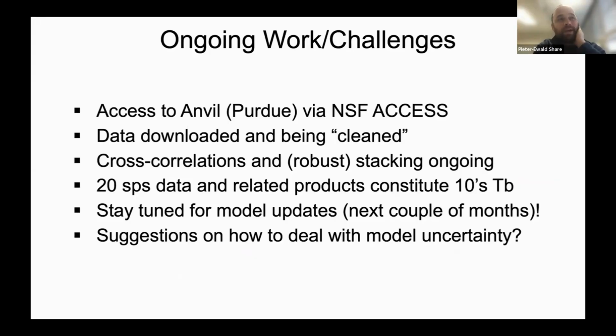Related to that model, one of the big things that we're thinking about and that we're going to have to get creative with is dealing with data and model uncertainty. I know this is very important for the ground motion modeling group, and so it's difficult computationally in this case because everything I described to you up to this point is producing a model with various iterations using several thousand cores. That'll just produce one model.